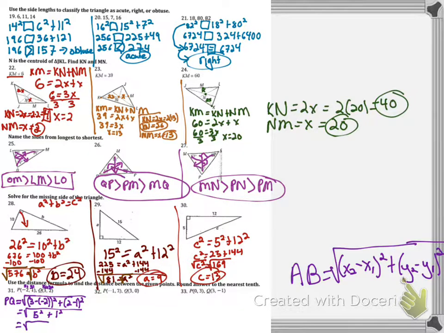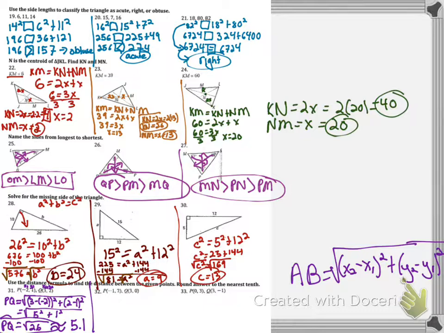We end up with the square root of 25 plus 1, which is 26. If you remember this from our review yesterday, this was one of the problems. And so the distance PQ is the square root of 26. If we were going to put it to the nearest tenth, that's approximately 5.1.